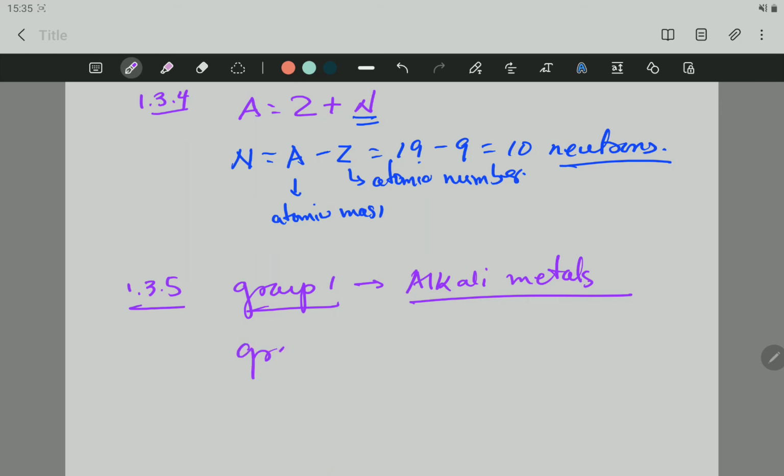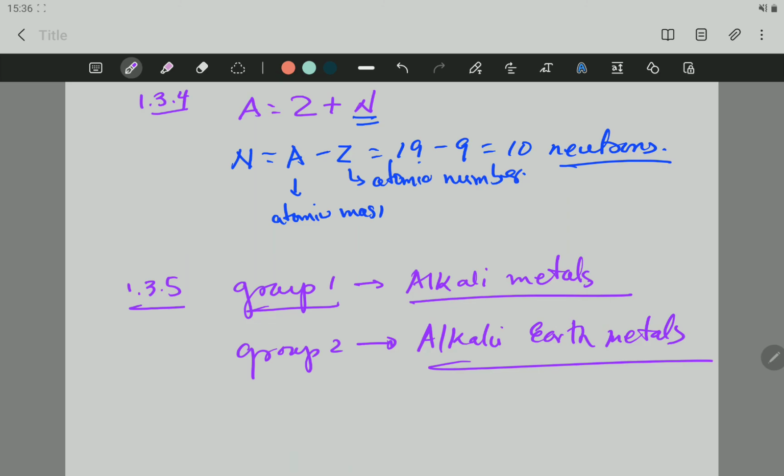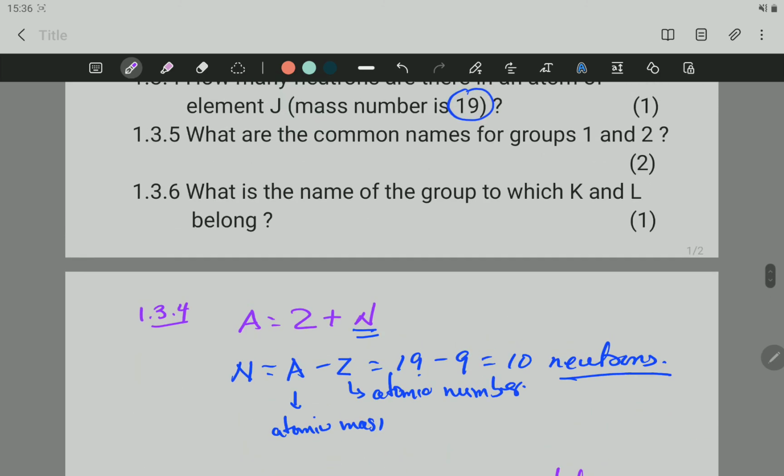And group 2 are called alkaline earth metals. And then finally, they ask what is the name of the group to which K and L belong.